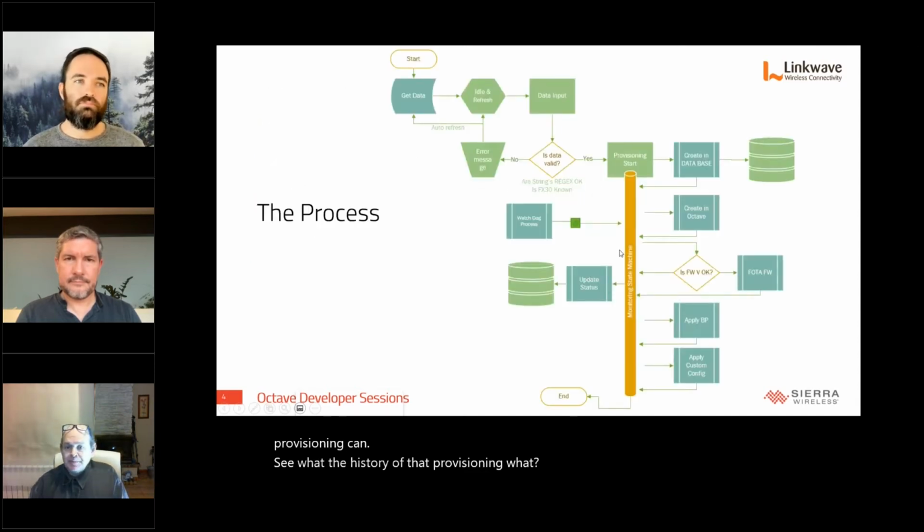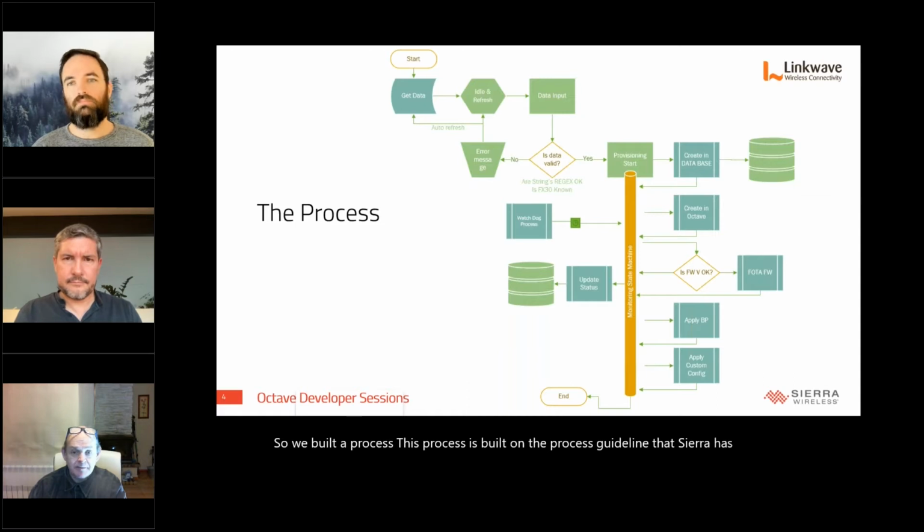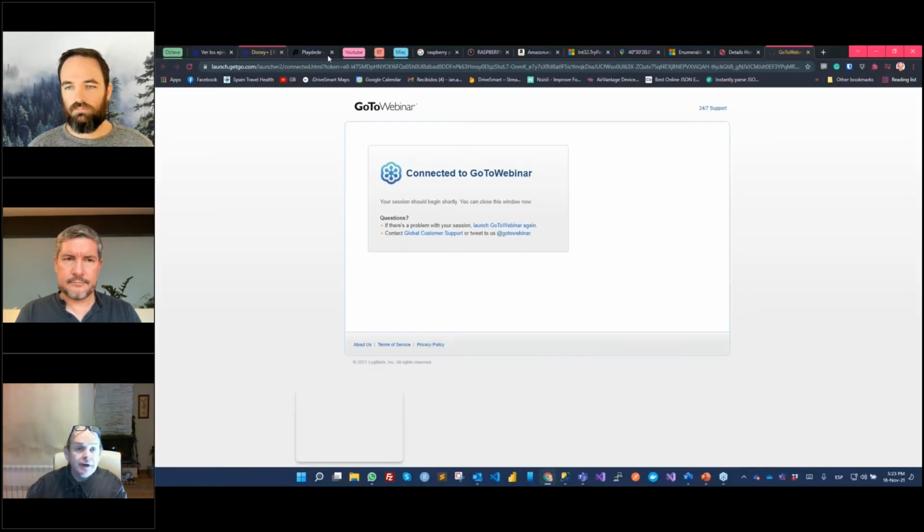So we built a process. This process is built on the process guideline that Sierra has published, which, if I'm not wrong, is, give me a second, where are we? Here we go.